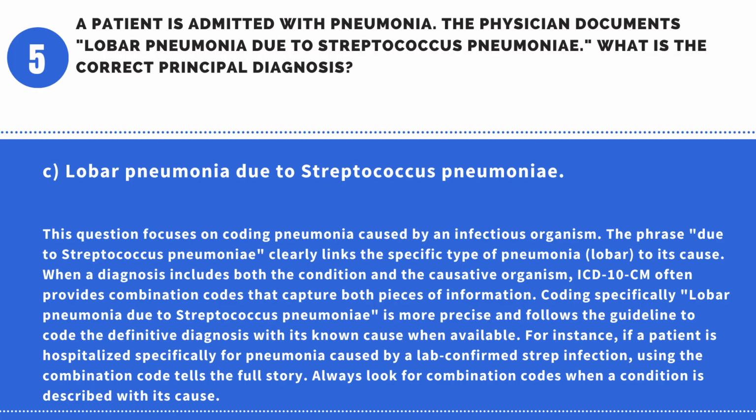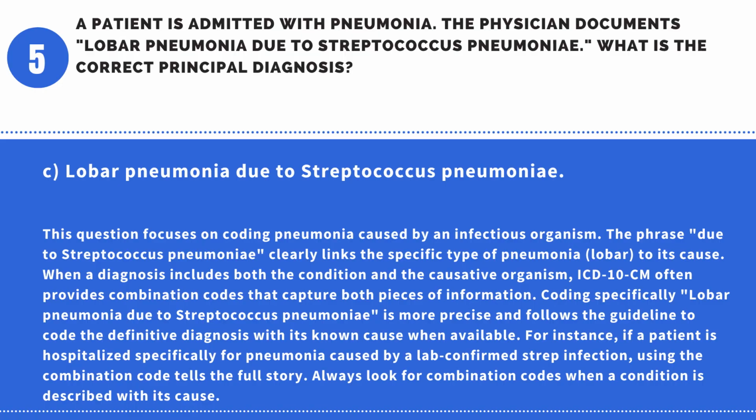Answer, C. Lobar pneumonia due to Streptococcus pneumoniae. This question focuses on coding pneumonia caused by an infectious organism. The phrase "due to Streptococcus pneumoniae" clearly links the specific type of pneumonia, lobar, to its cause. When a diagnosis includes both the condition and the causative organism, ICD-10-CM often provides combination codes that capture both pieces of information.